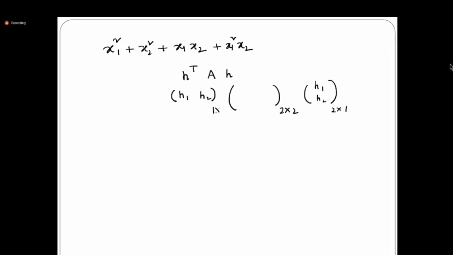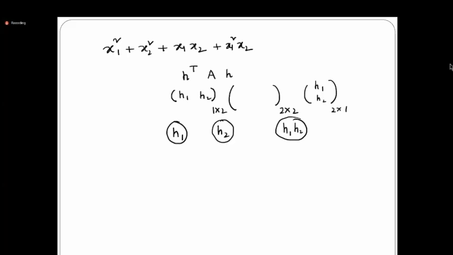This one is 1 cross 2. So ultimately you are going to get 1 cross 1. And here the power of H1 should come out as 2, because H1 into H1 will come. The power of H2 will also come out as 2. And here also you are going to get a product of H1 and H2. So in the quadratic form, every time the power of the variable will come at 2.